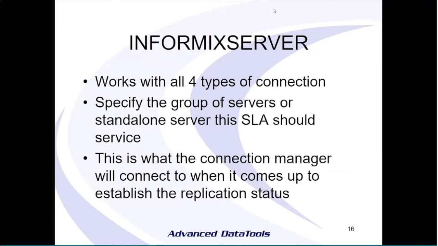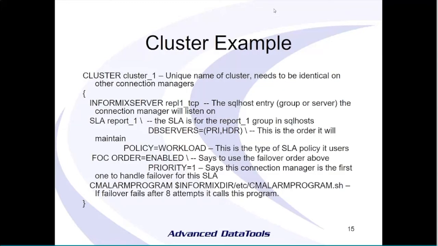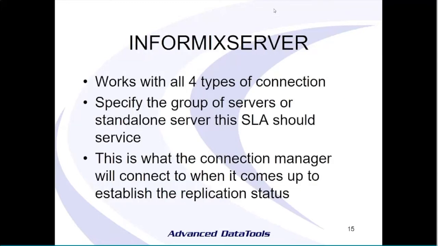So next thing is Informix Server. I'm going to go through all the parameters now for this type. The first one is Informix Server. This will be the same for all 4 types of connection: grid, ER, standalone, or cluster.